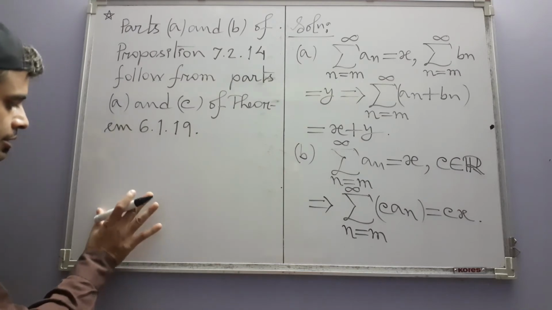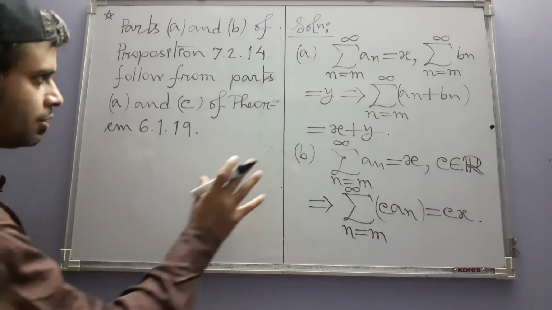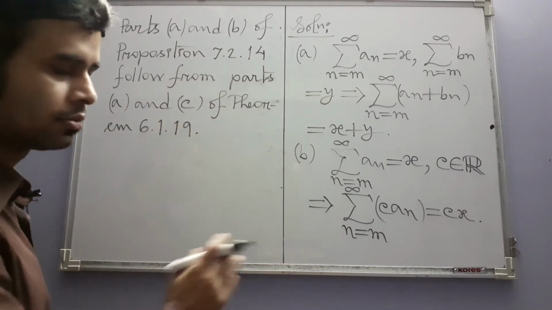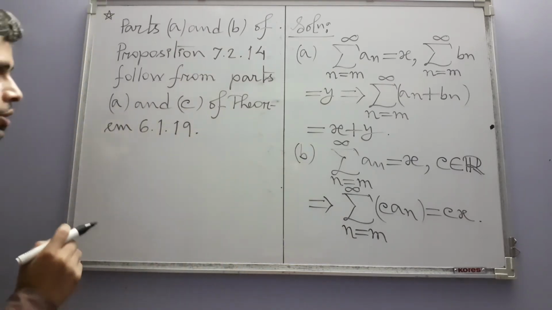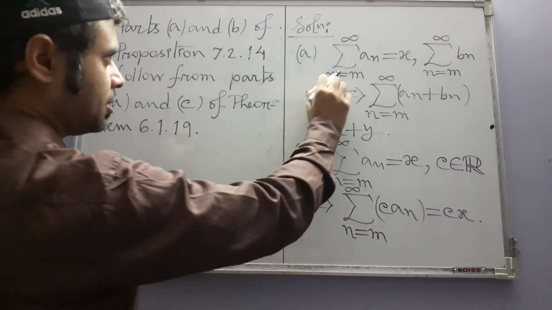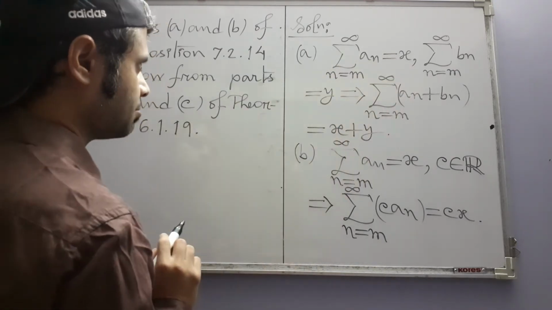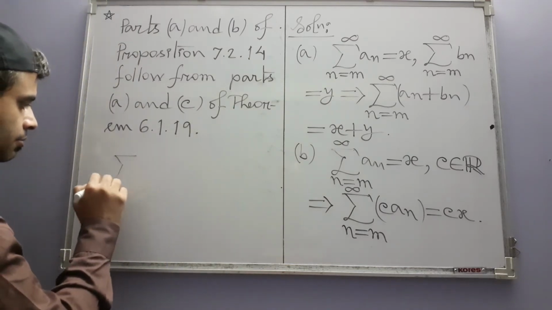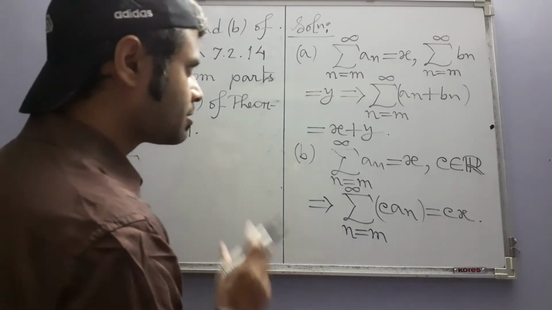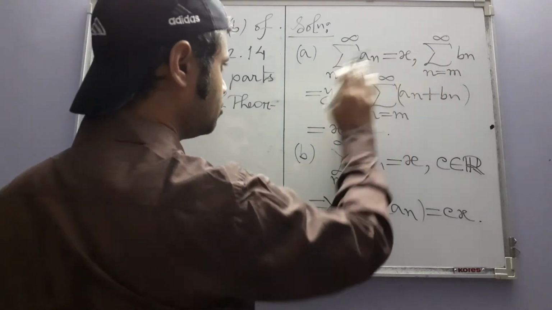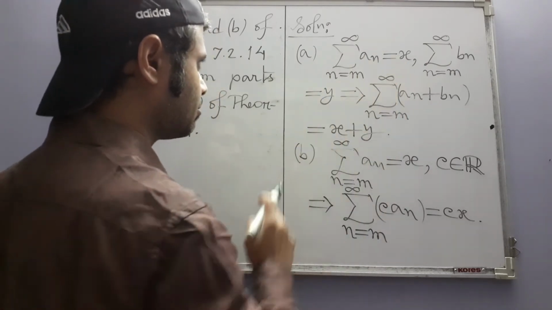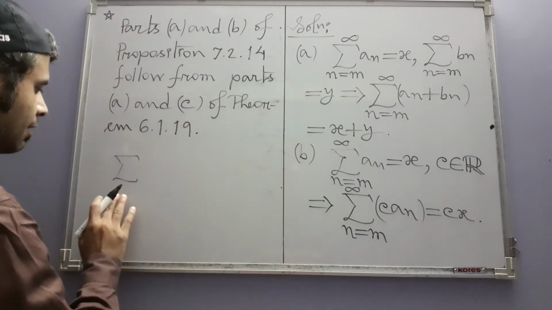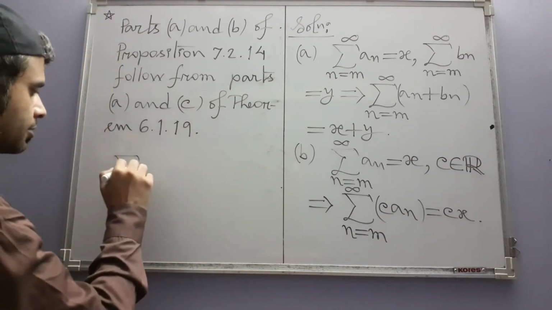So now let us come to the question of how exactly are these parts following from these two parts of the limit laws for sequences. The thing is this, you see, we are given two convergent series with their sums. So that means that the sequences of partial sums of these two series converge to x and y respectively, and those sequences of partial sums have these terms, which are the actual partial sums.